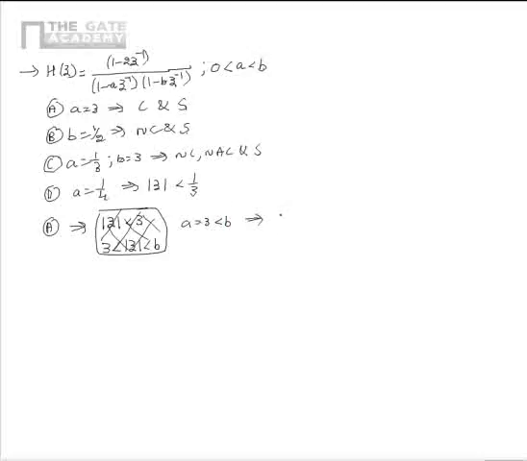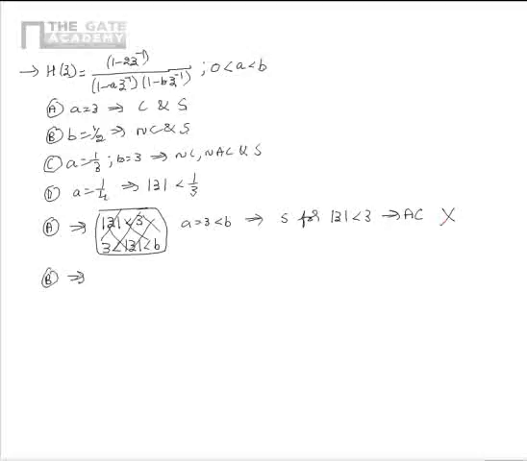So the possible ROCs are |z| < 3 and 3 < |z| < b. In this case, the system is stable for the ROC |z| < 3, but the system is anti-causal. So option A is not the correct one.